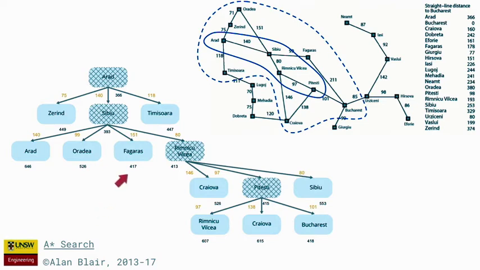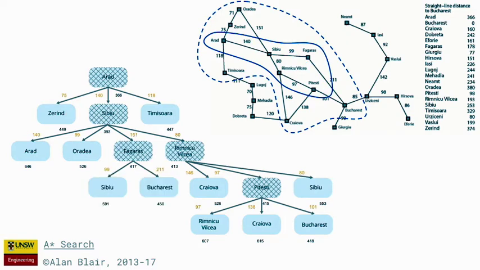So we have to expand Fagaras just to make sure that there isn't a shorter path. But then we find out that the path through Fagaras is actually somewhat longer at 450, and in fact, all of these estimates in black are larger than 418. So at this point, the algorithm can stop, and we are certain that there is no shorter path to Bucharest.